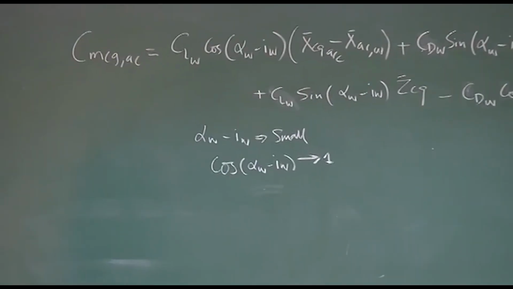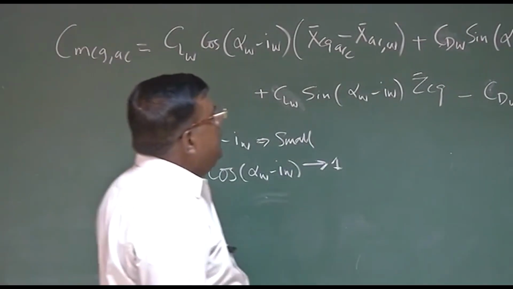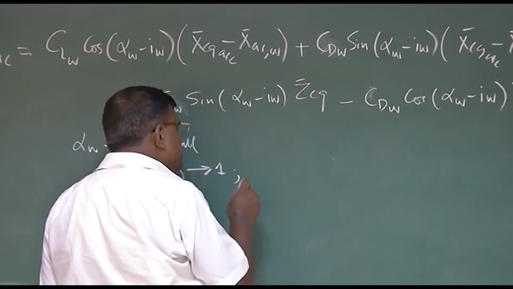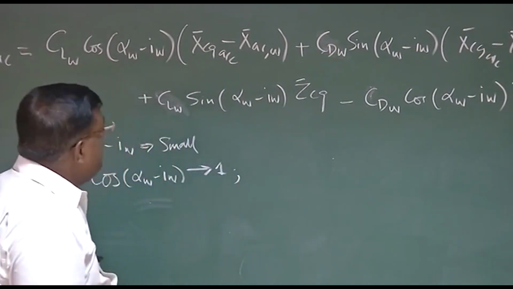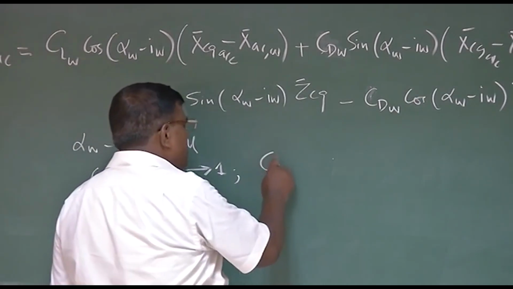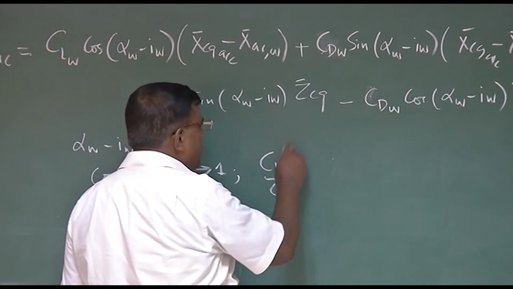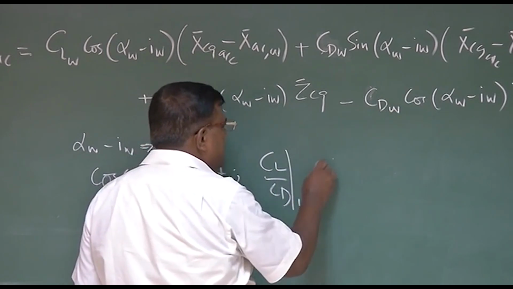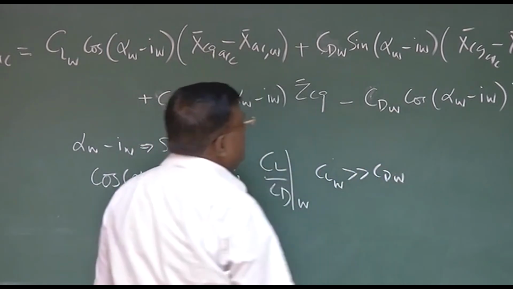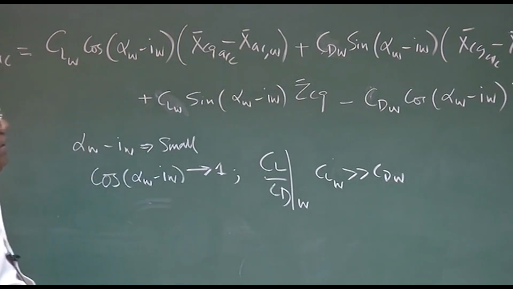We also try to simplify it further. We say CL of the wing is greater than CD of the wing, and alpha wing minus IW is small.